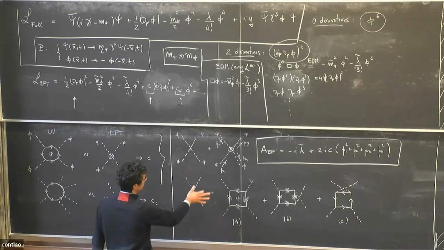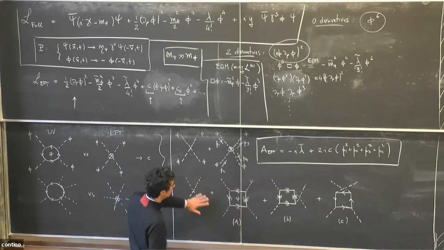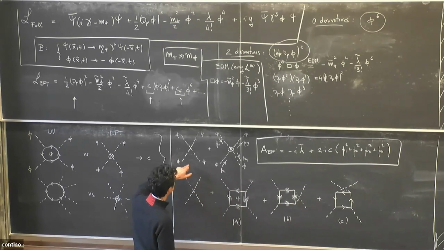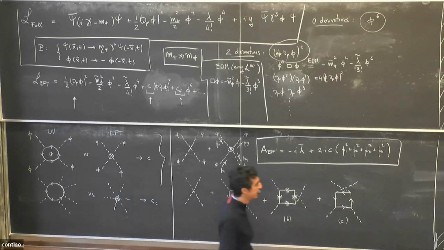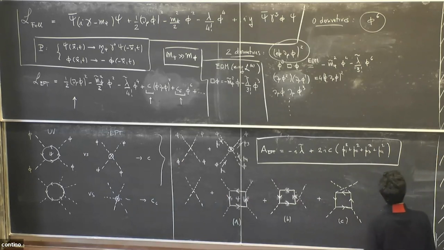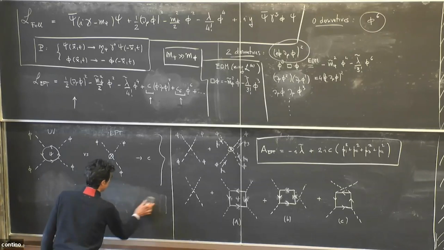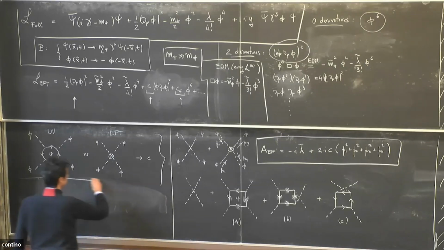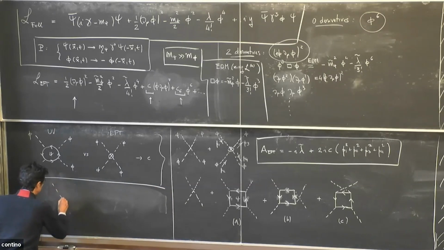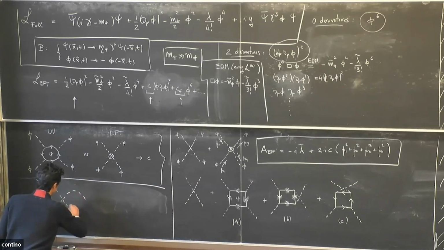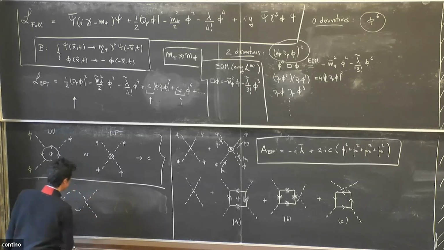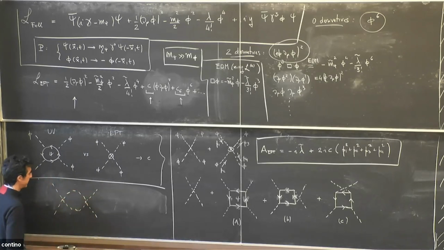There are other loop diagrams which you might consider contributing, actually one loop diagram plus crossed, which is contributing to the 4-point function. Let me write it here. It appears both in the UV and in the infrared theory. It's simply the usual loop diagram present in phi to the 4th, where these interactions are renormalizable interactions.